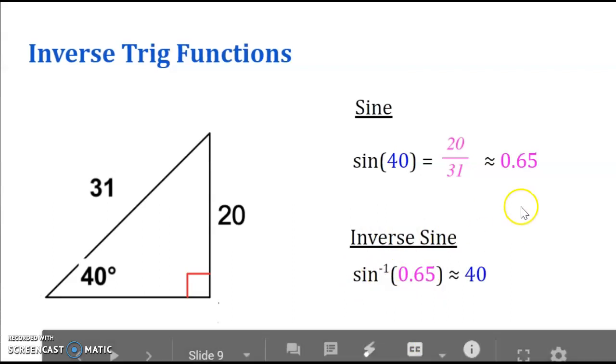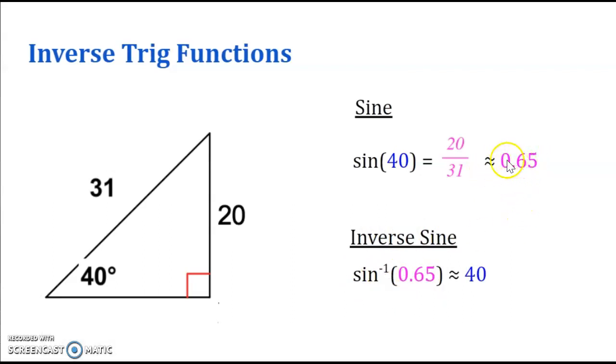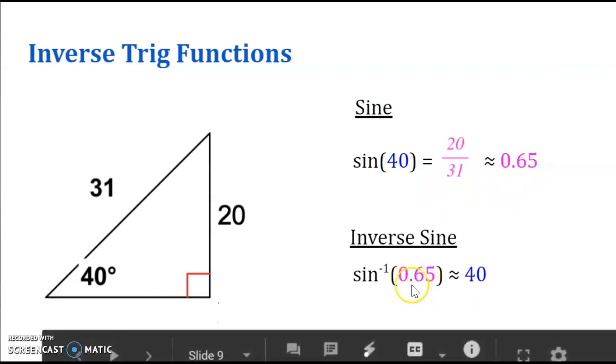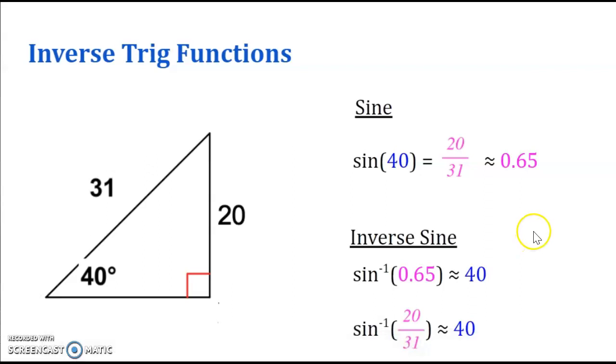Instead of the angle measure, you're putting in the ratio, 0.65, and then out comes the angle measure. Or inverse sine of 20 over 31 is equal to 40.